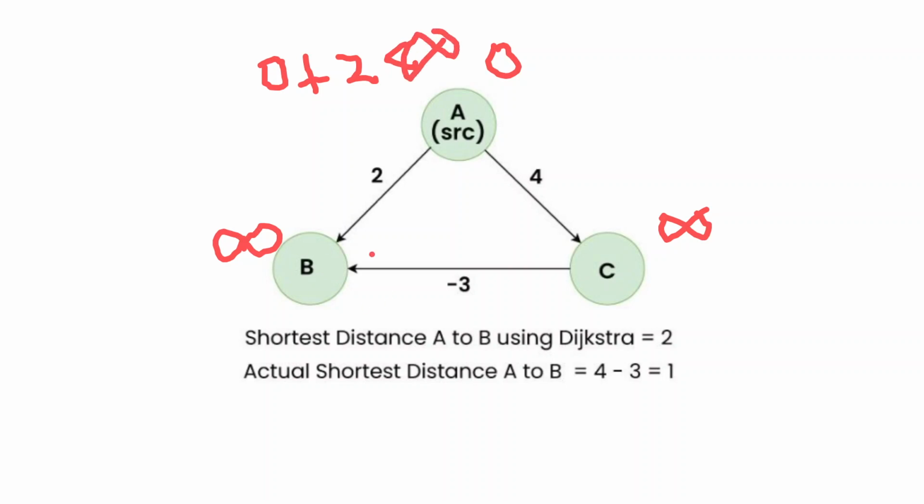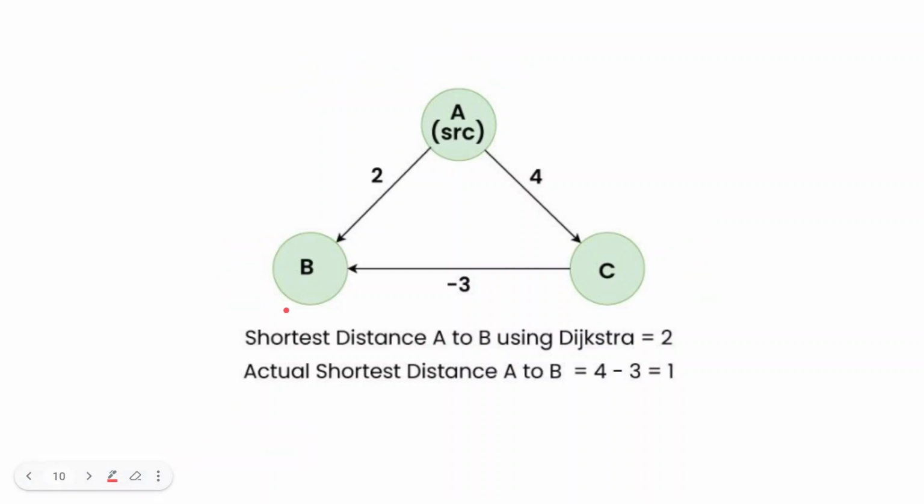It's less than infinity, so you assign 2 here. Similarly, you assign 4 here. So this one becomes 2, and this one becomes 4.